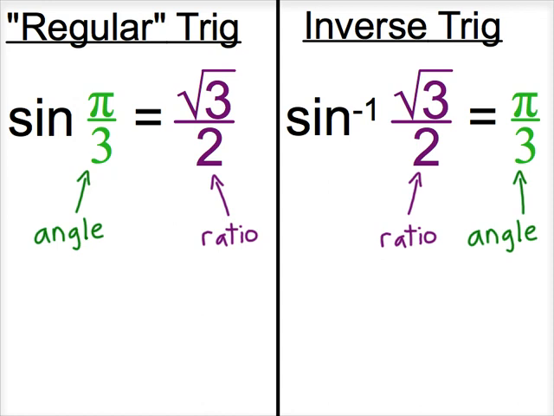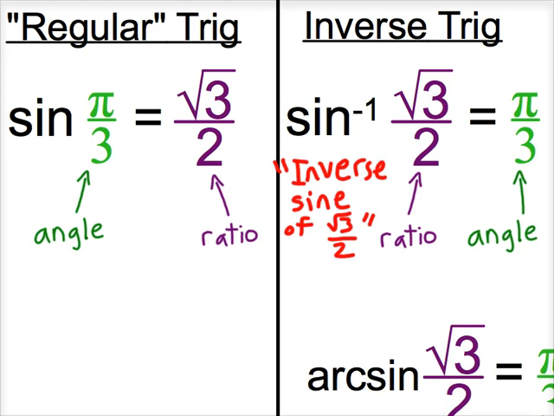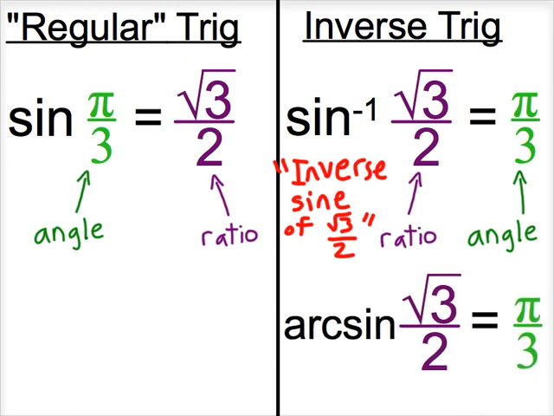How do you say this out loud? Well, again, you say inverse sine of √3/2, and again, it is not an exponent. This is an unfortunate notation in my opinion, because it looks so much like an exponent, but it is not. Because of that easy opportunity for confusion, a lot of people prefer this alternate notation, arc sine.